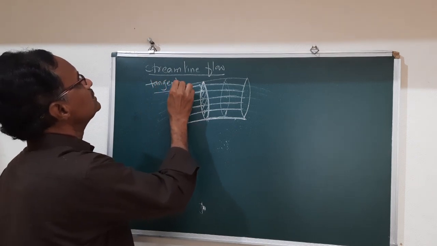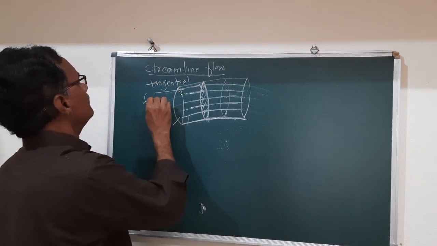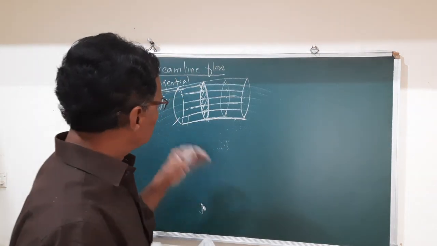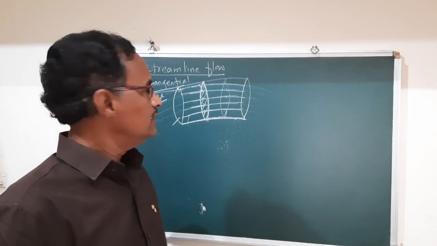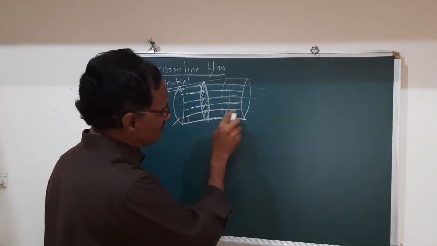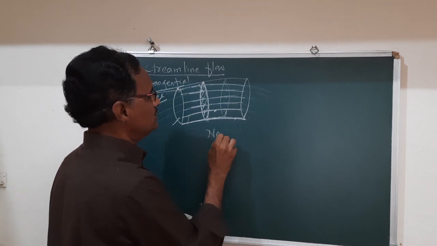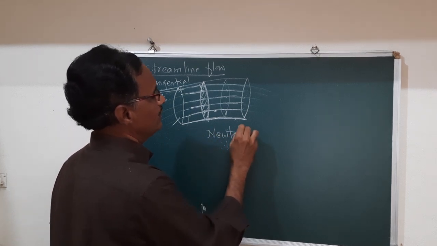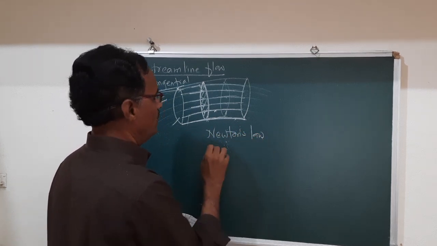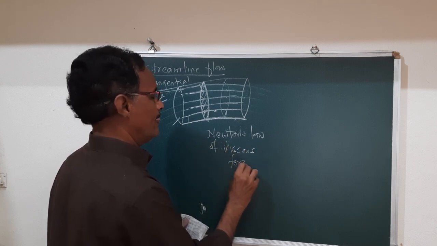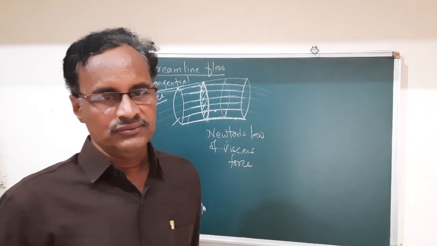By this tangential force, these particles move forward in the tube. Now when these particles travel along this line, then it obeys Newton's law of viscous force.